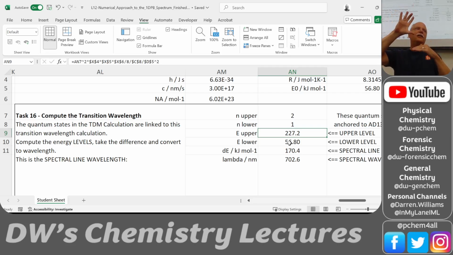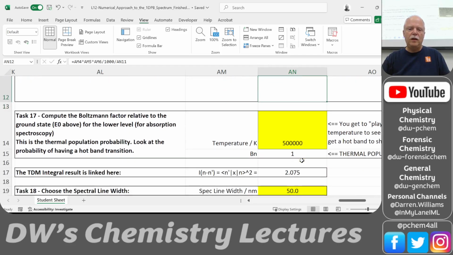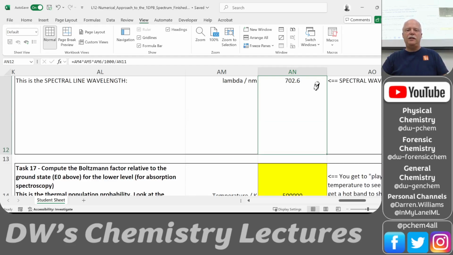So that energy difference, the delta E, is what you convert over to wavelength. Here's the delta E, that's the spectral line, and then converting that to wavelength using Planck's constant. So that's the transition equation.